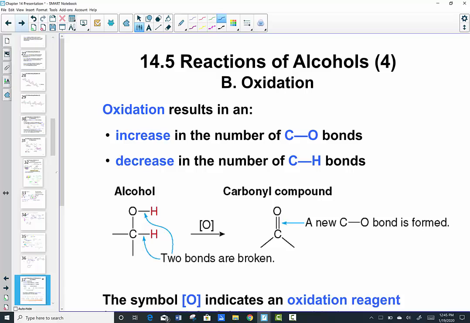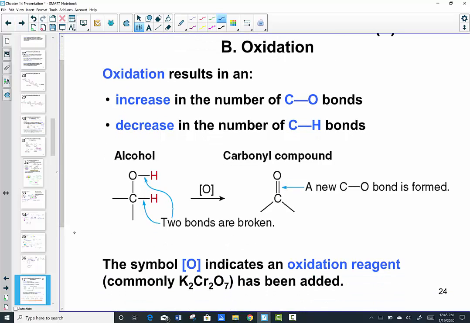You are oxidizing. So for example, if I have the alcohol functional group, the OH alcohol functional group, and the adjacent hydrogen, if we break two single bonds to form a double bond, we've increased the number of carbon to oxygen bonds. That's called oxidation.